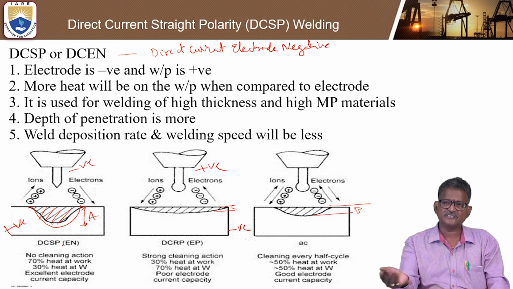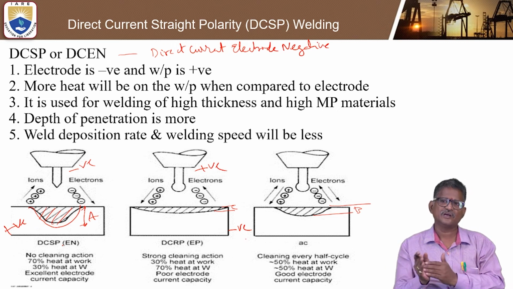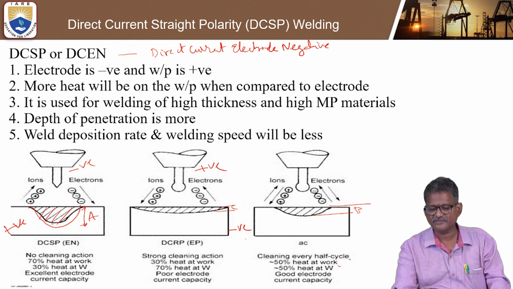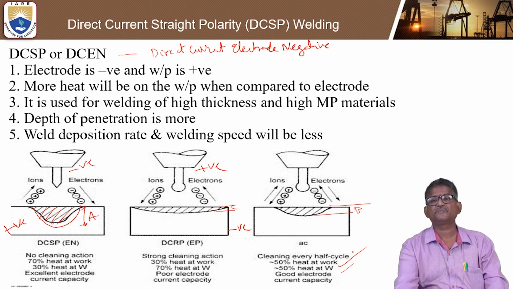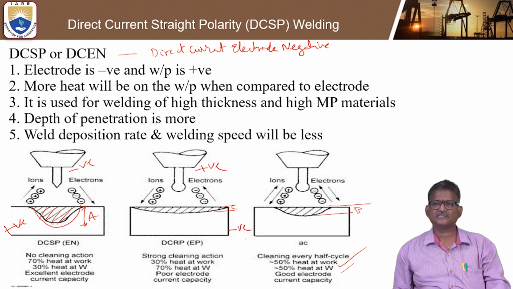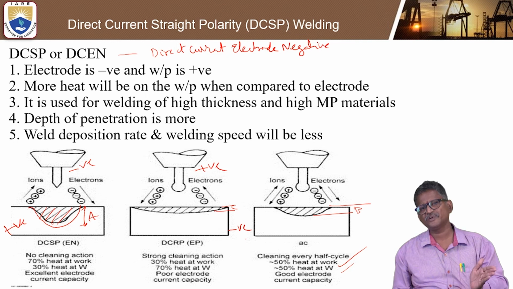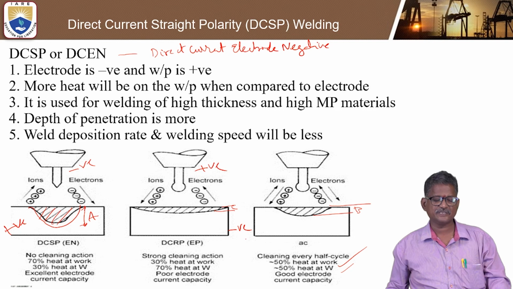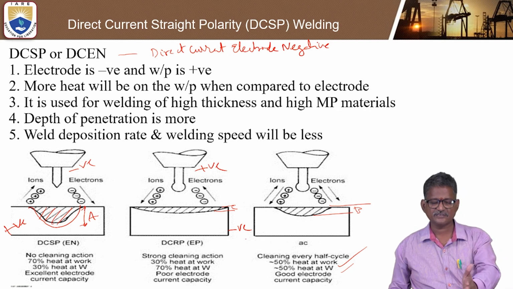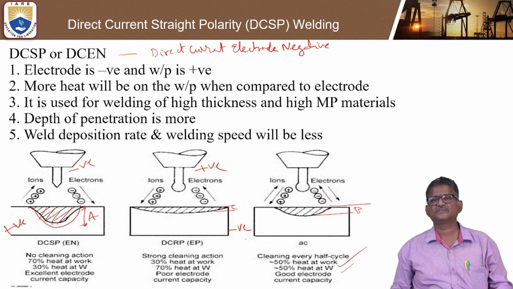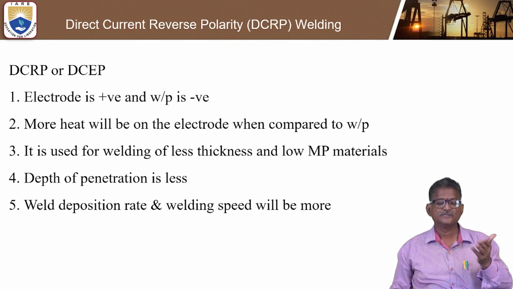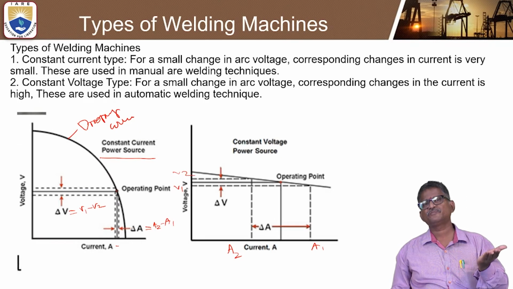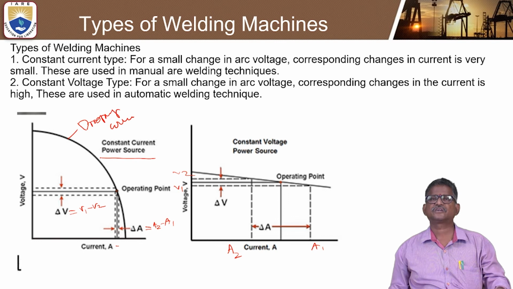But AC is generally cleaning every half cycle, with approximately 50% heat at the work and 50% heat at the electrode, and good electrode current capacity can be obtained in AC. But in DC SP and RP, it is 70% and 30%: 70% heat at the work, 30% heat at the electrode. This is the difference between direct current reverse polarity and direct current straight polarity.